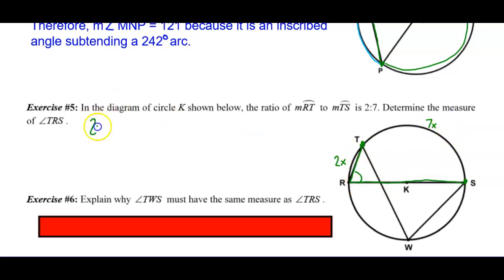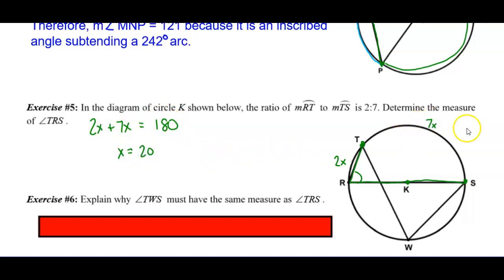If I add up the 2x plus the 7x, that's going to equal the entire semicircle. So that's going to equal 180 degrees. Now, how do I know that's a semicircle? Well, because it said circle K, tells me that K is the center, and any chord that runs through the center is a diameter. Diameter splits a circle in half. So that's how I know that that's a semicircle, or 180. 9x equals 180, x must equal 20.